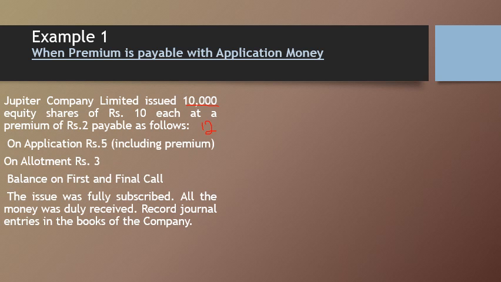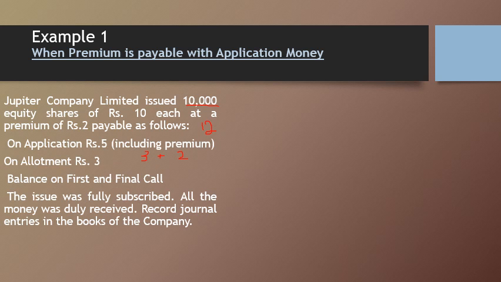So what is our premium amount here? Premium is 2. Then what will be the actual application? 5 minus 2, 3. So 3 on application and 2 on premium. So total application money is to be paid as 3 plus 2, 5. On allotment 2 and balance on first and final call. And this issue was fully subscribed and all the money was duly received.